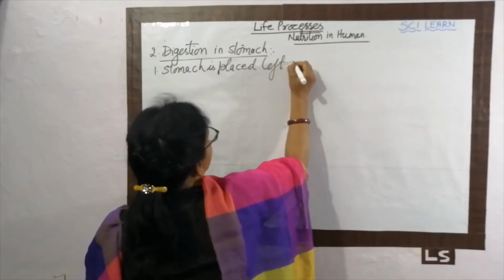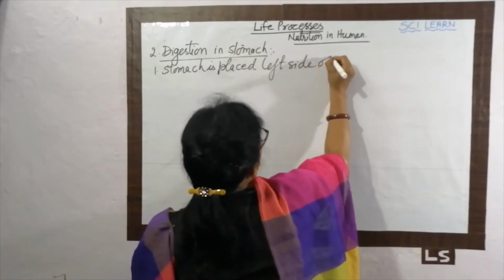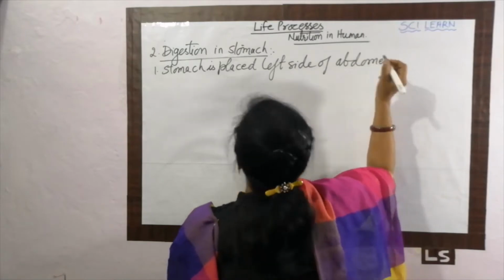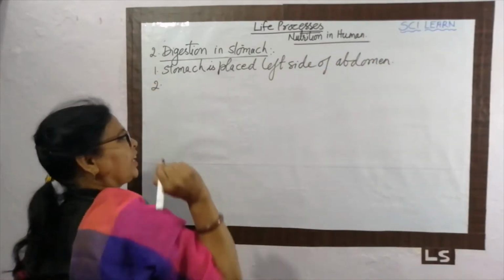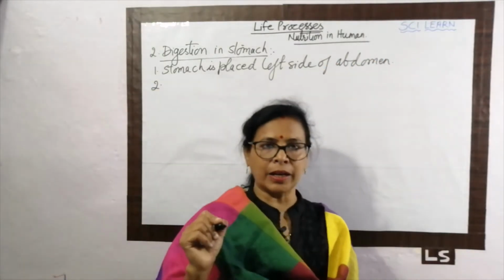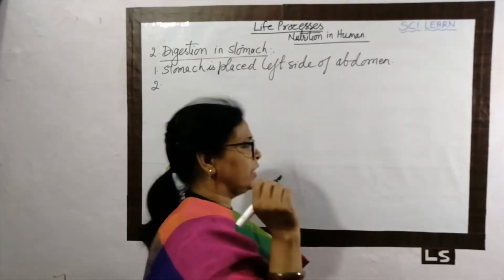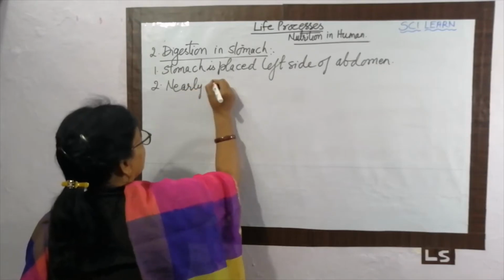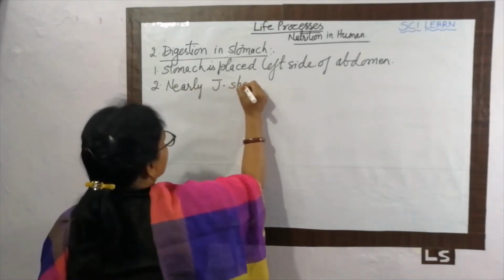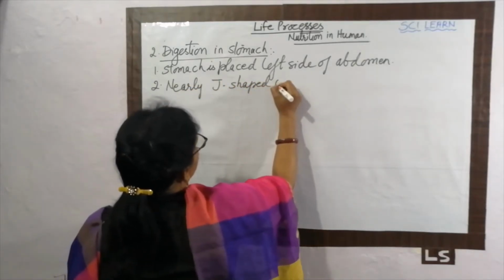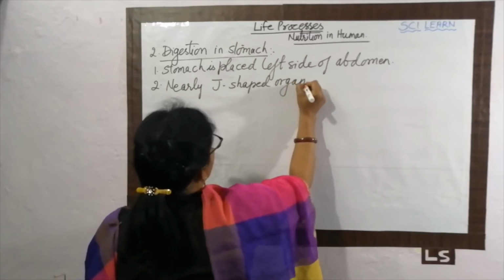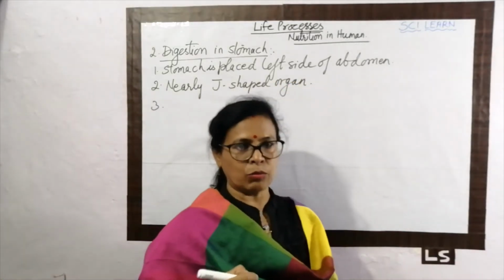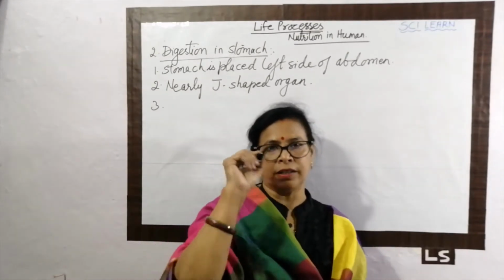Also, it is nearly J in shape. Look at your diagram. It is somehow a J-shaped organ. You have to look at your diagram only. It is a little bit J in shape.